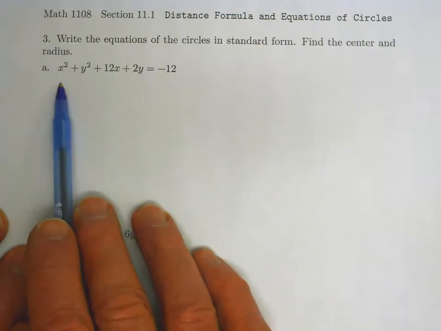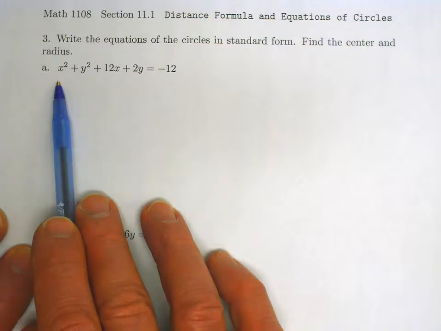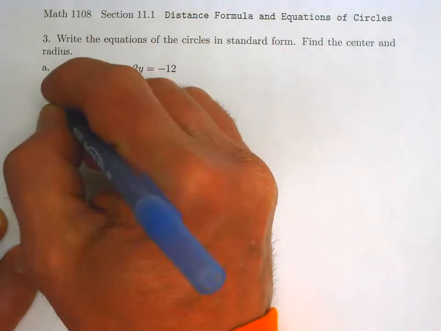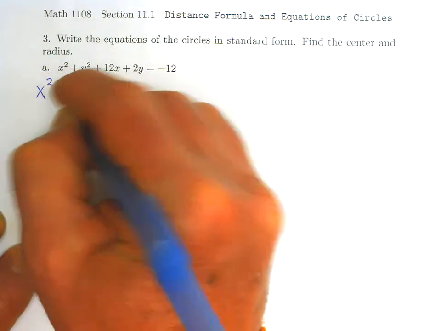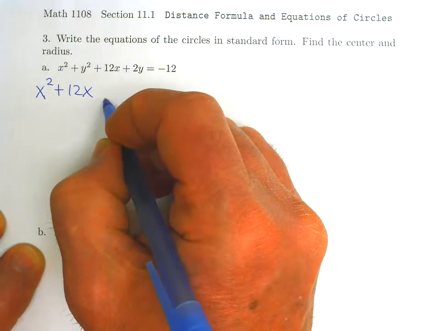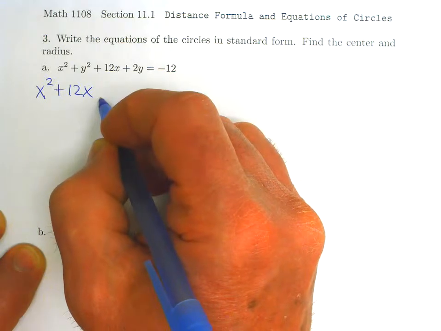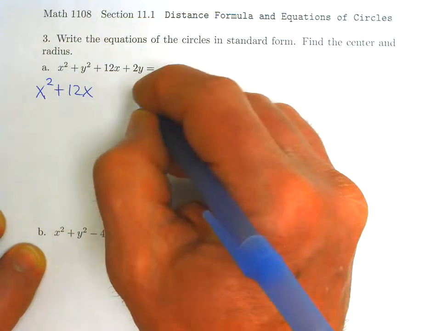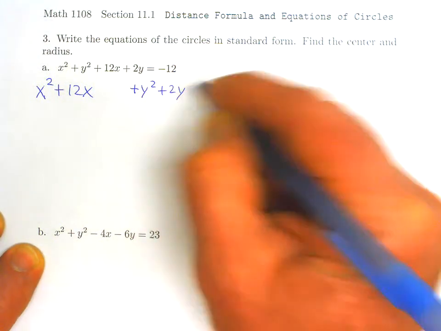So the first thing we want to do is rearrange the terms so that the x squared term is next to the x term. So we can rewrite this to look like x squared plus 12x. And then I'm going to leave some space. The reason is we're going to complete the square, so I'm going to leave space before I write plus y squared plus 2y.